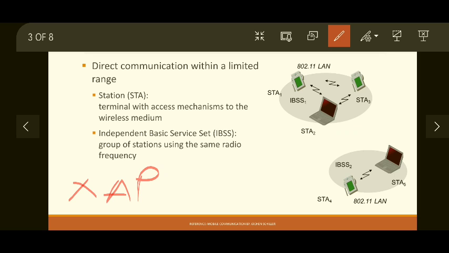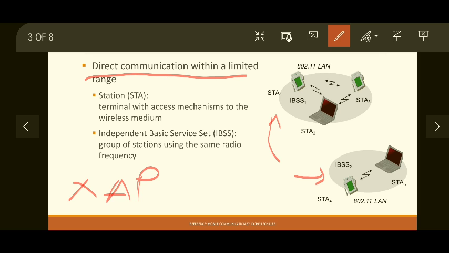These types of networks, as we have discussed previously, are formed at a moment of crisis or in a situation of emergency. It allows you to have direct communication within a limited range. As you can see in the diagram, there are two different networks which are shown.